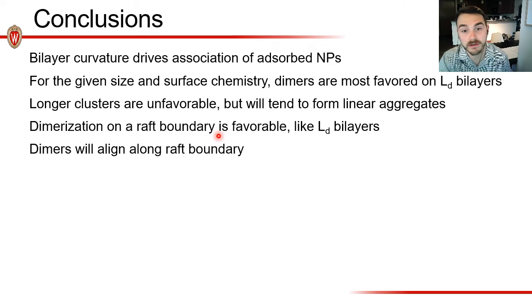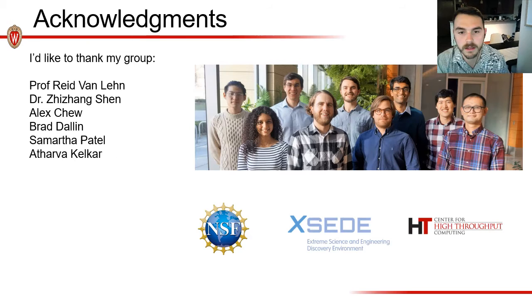Dimerization on the raft boundary is also favorable, very similar to the liquid disordered case. And what we also found by doing the angle analysis is that dimers will align along the contour of the raft boundary.